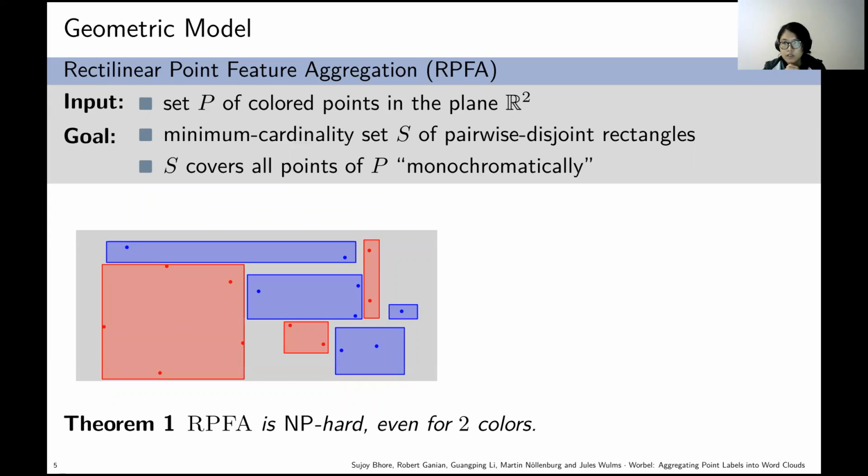Given a set of colored points, where a color corresponds to a category, to a specific label, we want to get a minimum set of pairwise disjoint rectangles such that each rectangle in this solution set covers points of a single color. In this work, we show this problem is NP-hard, so there's no hope to find a polynomial approach which could provide an exact solution.